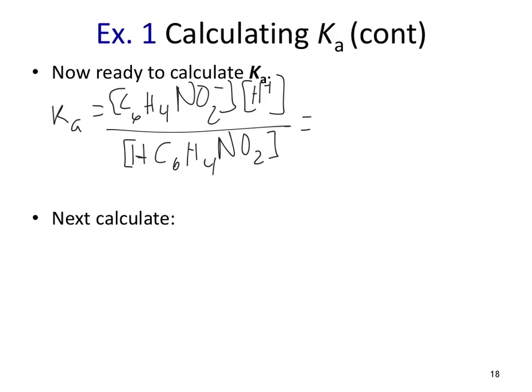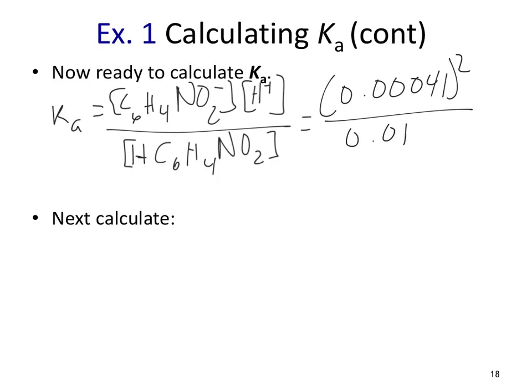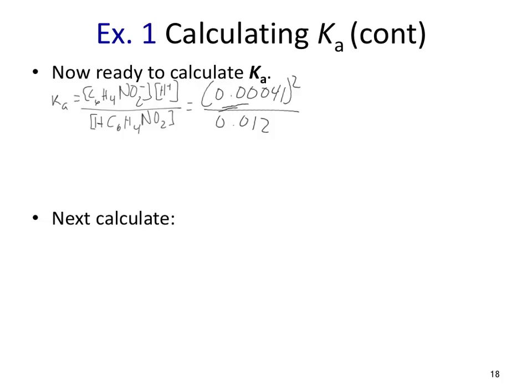And remember that these two are the same value, so we can just do 0.00041 squared divided by 0.012. And if you do that math, then you will get 1.4 times 10 to the negative fifth.